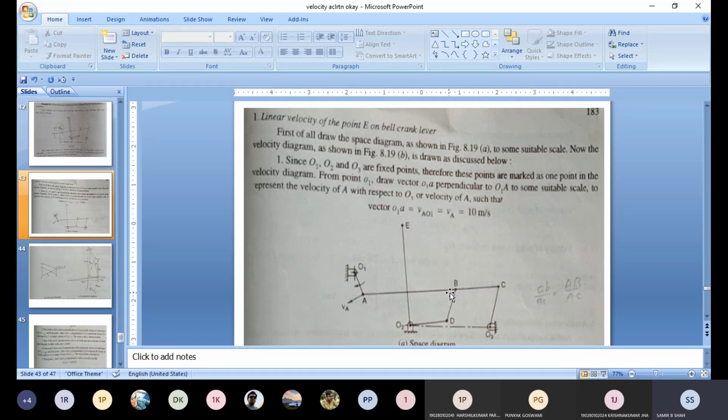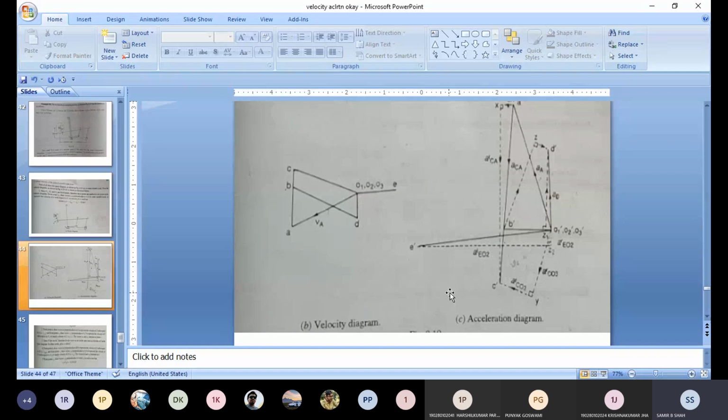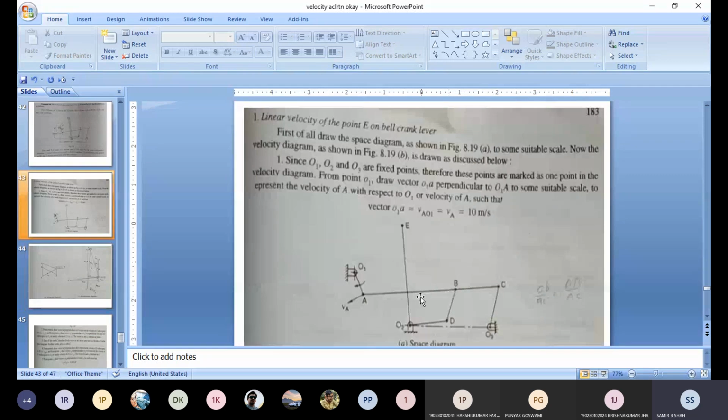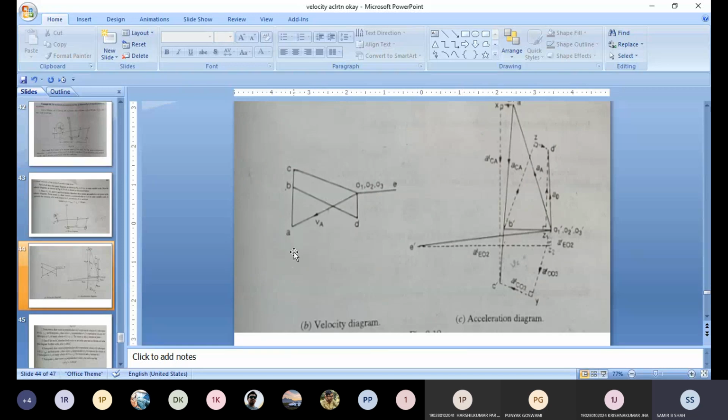So we have the equation: capital AB divided by capital AC, both dimensions we have, is equal to small ab divided by small ac. We already have small a and we have to find small b. So you get one point B on the AC line.